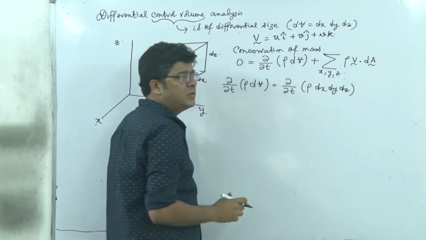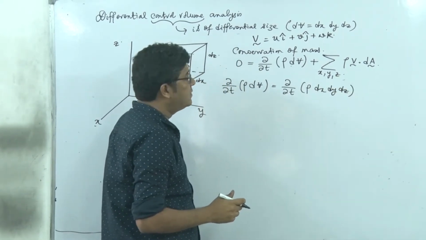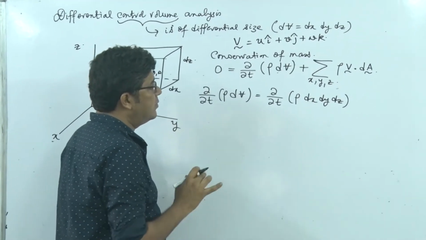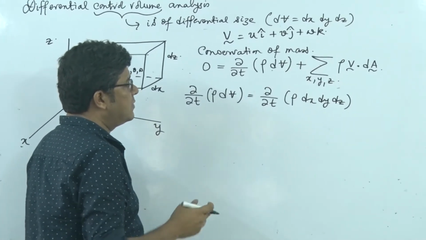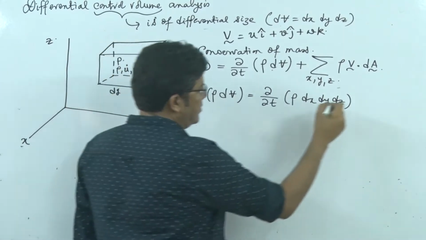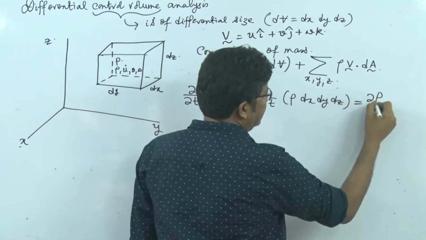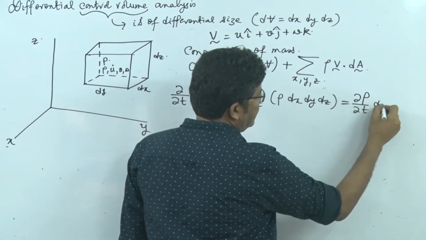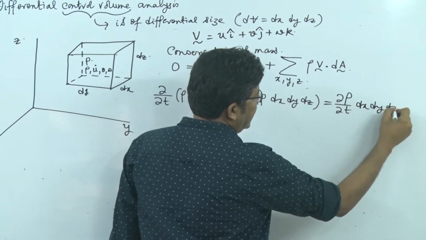Now the control volume is a fixed region of space, so the product dx dy dz remains constant and does not change with time. So we can write this as del rho del t into dx dy dz.